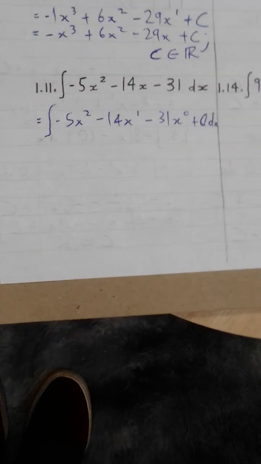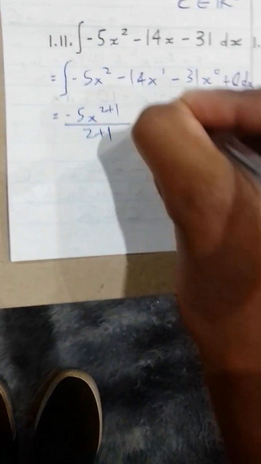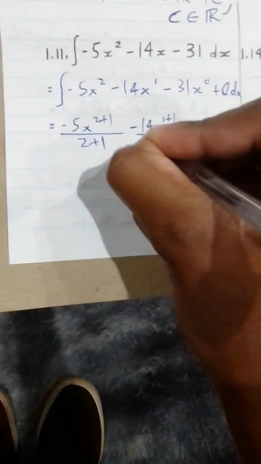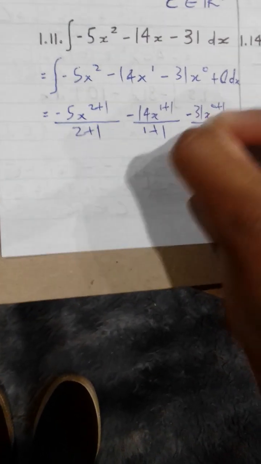Then we drop the integral sign as well as the dx, and we use the rule for integration. Negative 5x 2 plus 1. Then we divide the term by 2 plus 1, minus 14x 1 plus 1 over the new exponent, which is 1 plus 1, minus 31x 0 plus 1 over the new exponent 0 plus 1, plus c.